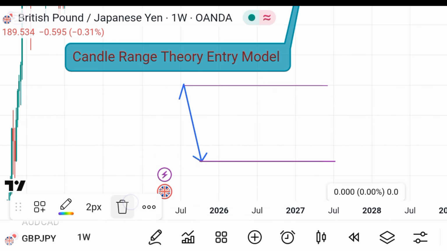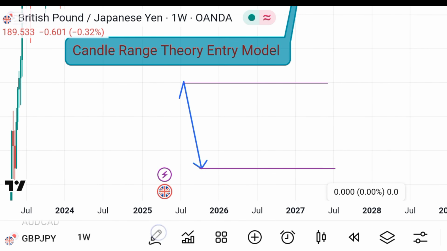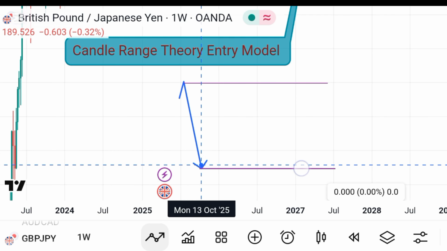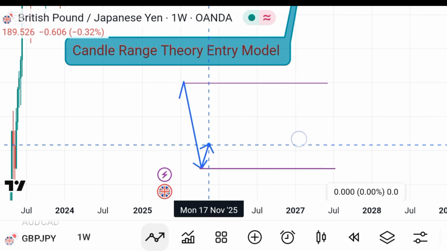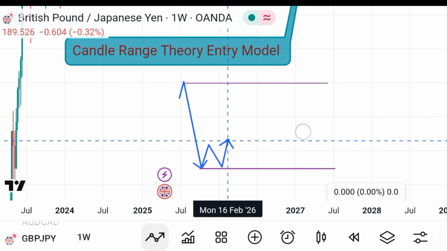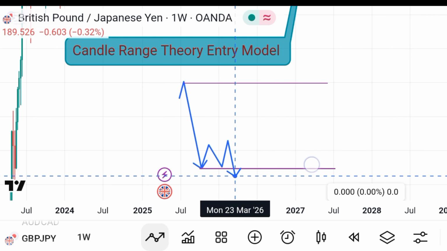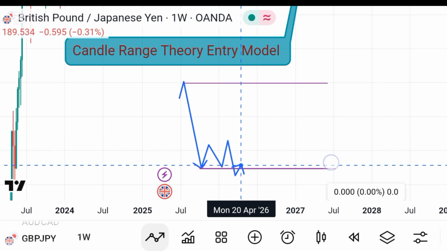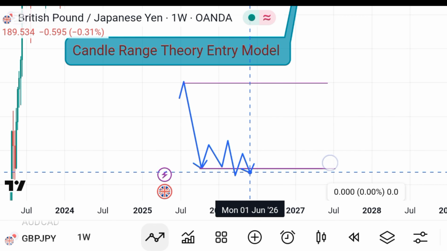Let me show you something using a schematic diagram. Let's just say this is what price will do here. We have a sweep in liquidity. Then we retrace to at most 50%, provided this is a 4-hour time frame.